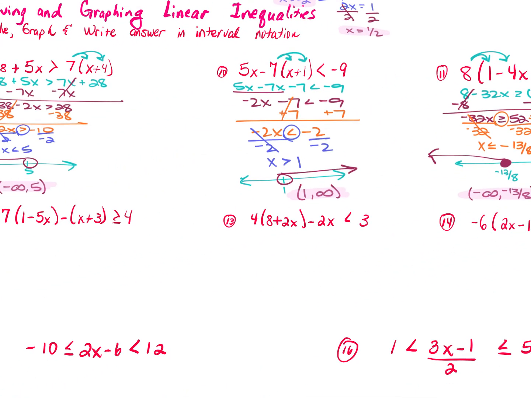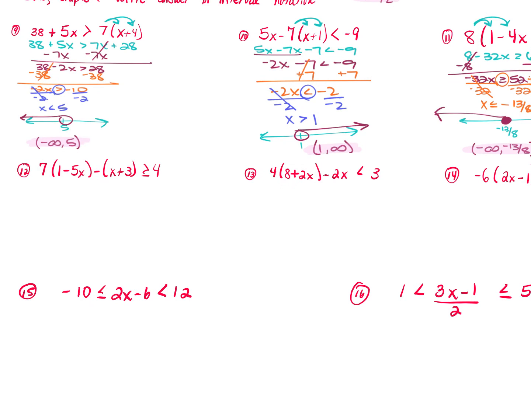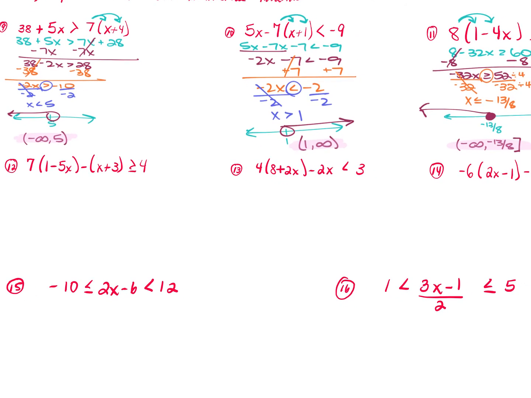For number 12, you have 7 times 1 minus 5x minus x plus 3 is greater than or equal to 4. For this one, distribute the 7, distribute the negative. So this is going to give us 7 minus 35x minus x minus 3 is greater than or equal to 4.